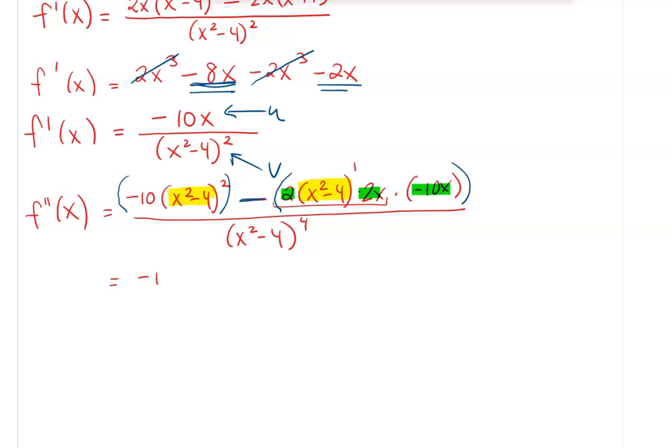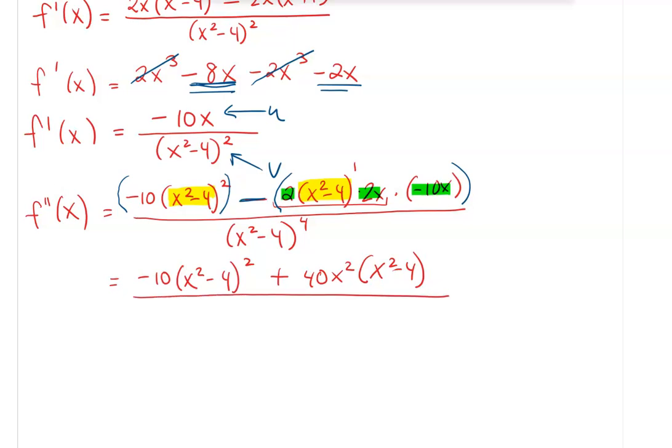So let me write this again as negative 10 times (x squared minus 4) squared minus 2 times 2x times negative 10x. That would be 4x times negative 10x, which is negative 40x squared, and then all of that times x squared minus 4. Because I have a negative times a negative, those will become positive. Okay, so what I have in the numerator is this expression.